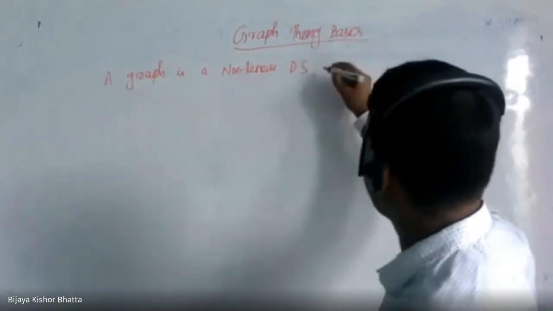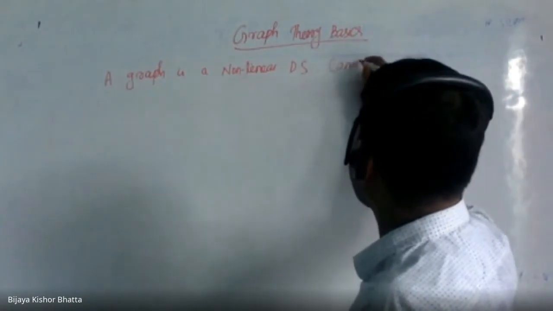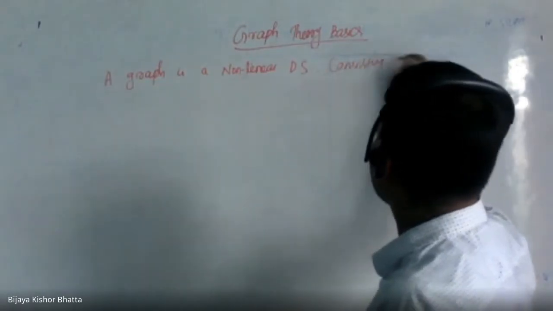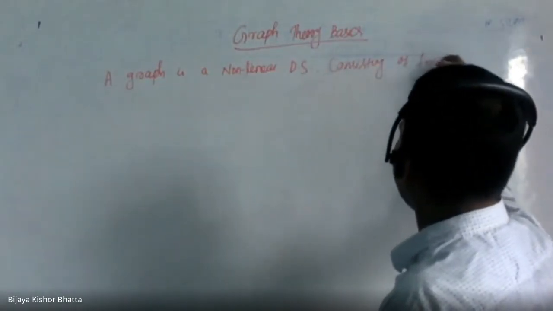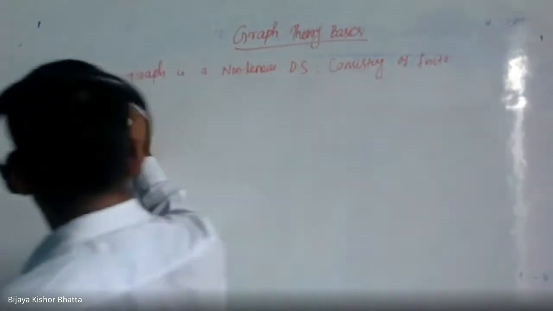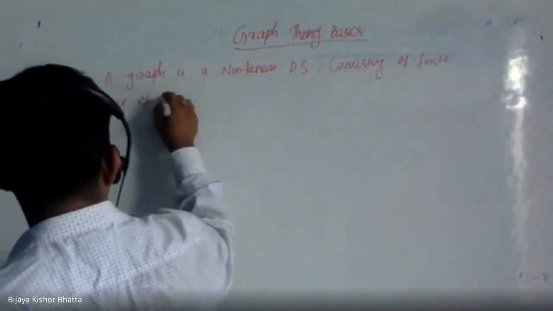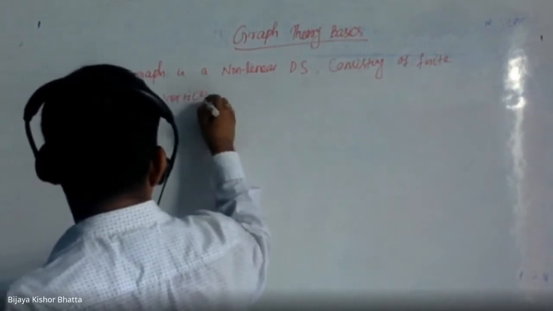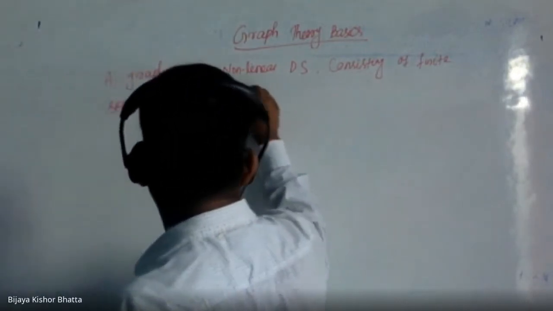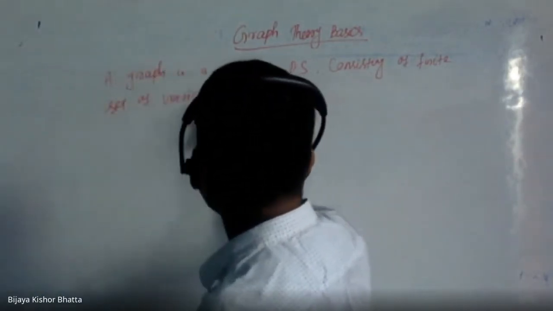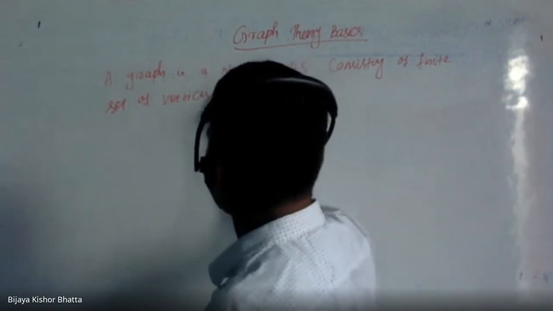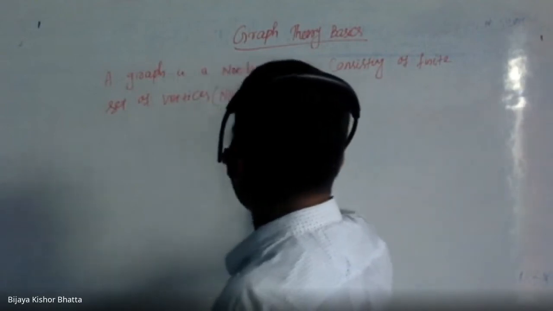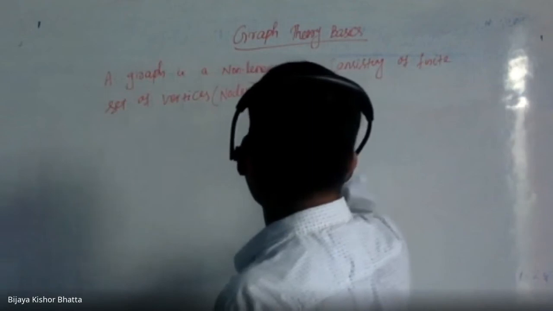Vertices are sometimes also known as nodes, that's why I'm writing nodes within brackets, and edges.